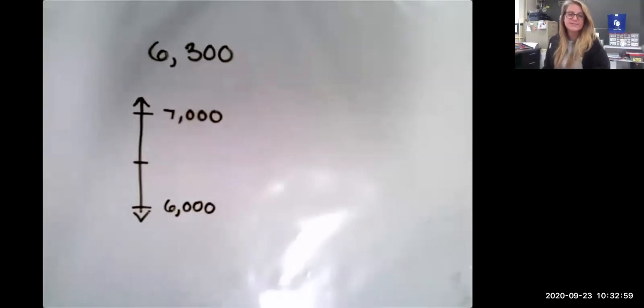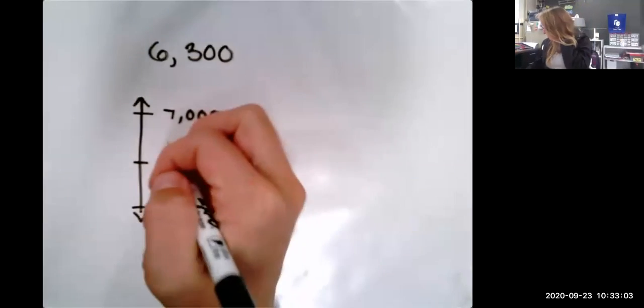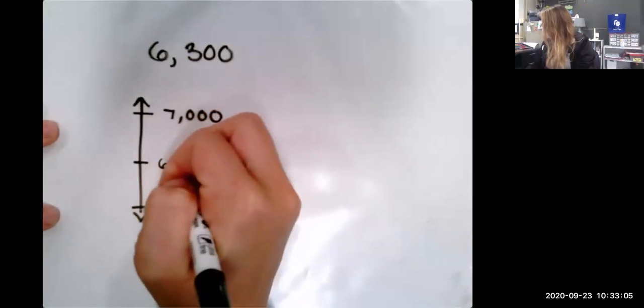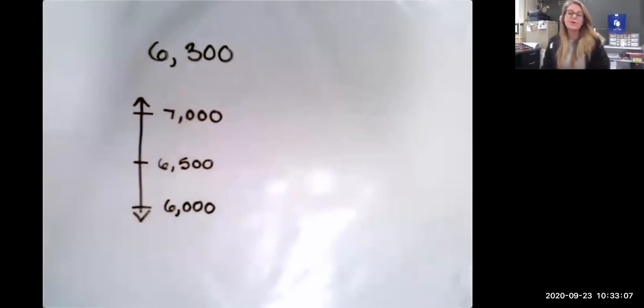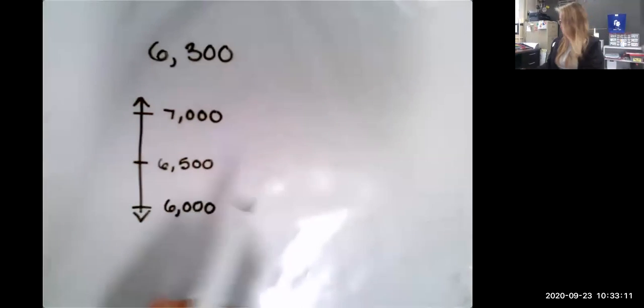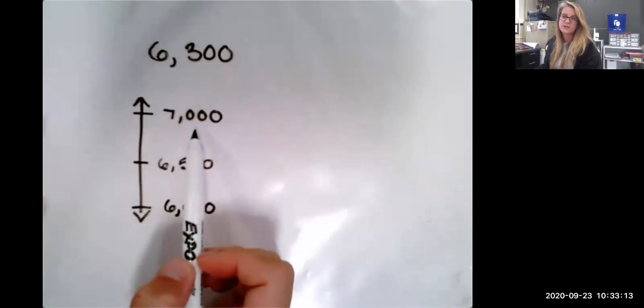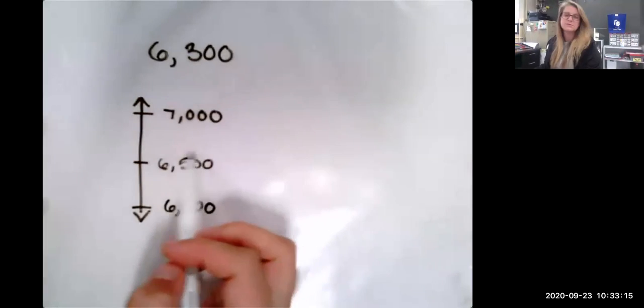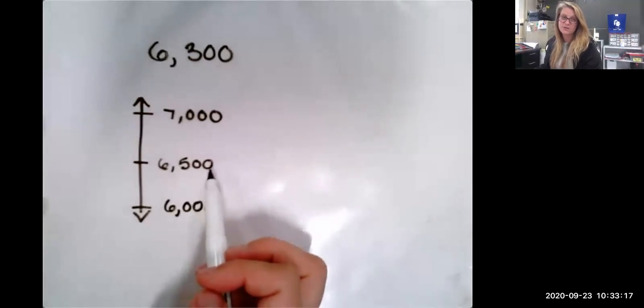So halfway between 6,000 and 7,000, hopefully you figured that out, and that is 6,500. We know it can't be 7,500 because 7,500 is greater than 7,000. Okay, so that's how we know 6,500.